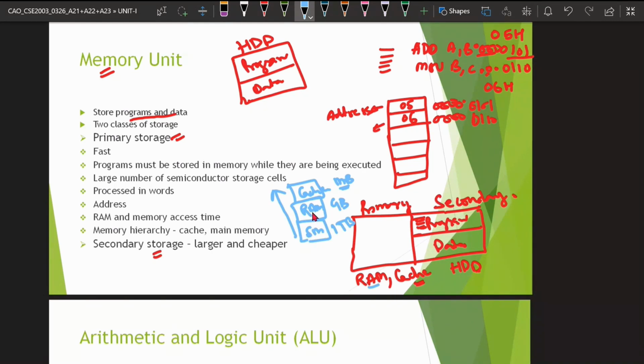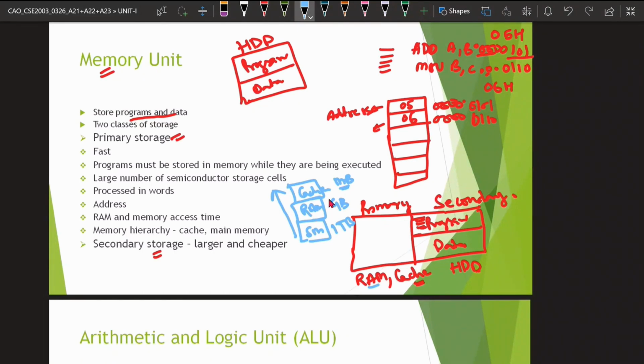That's why, because the computer has speed in gigahertz, it should be getting the instructions at that particular speed. Otherwise, it operates at 1 gigahertz or 5 gigahertz, but the rate of transfer of data is very low. It is able to process the data, but the data is not reaching the microprocessor.